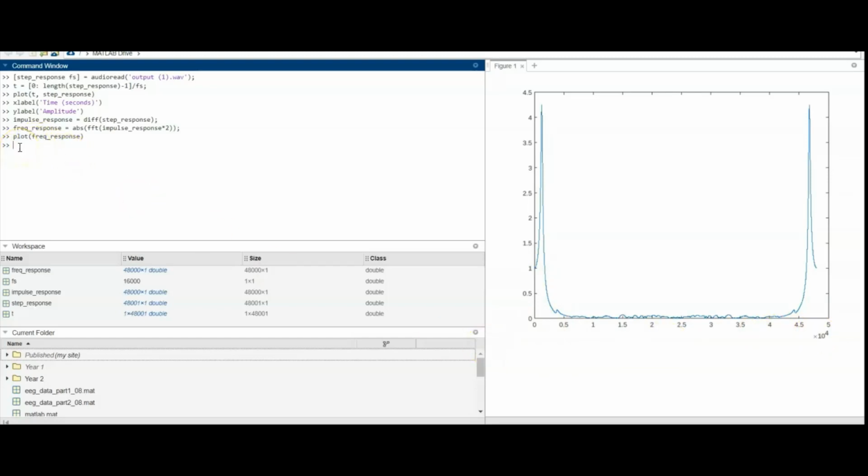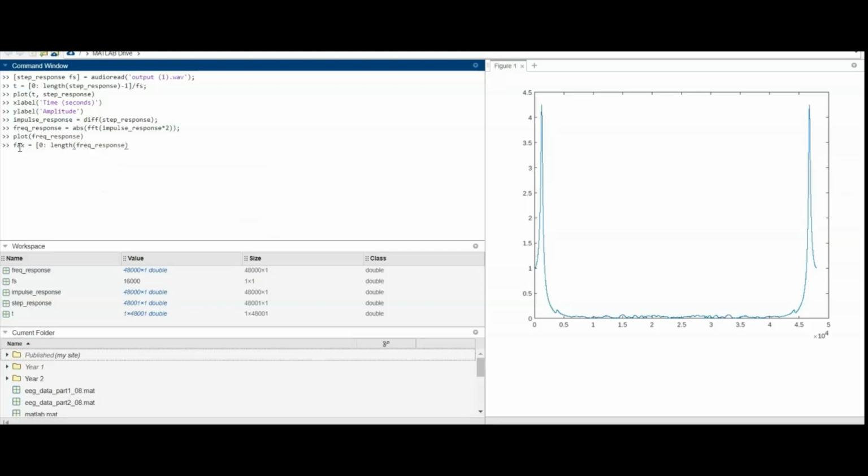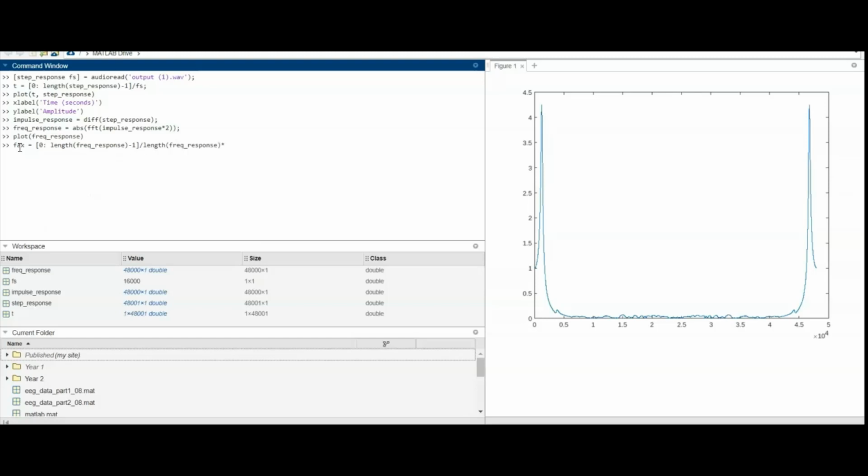We want it in frequency, so we're going to make an array for a frequency axis, which is going to start from 0 to the length of our signal, frequency_response, minus 1, and we're going to divide the whole thing by the length of frequency_response, and multiply that by the sampling frequency. So there we go, frequency axis.